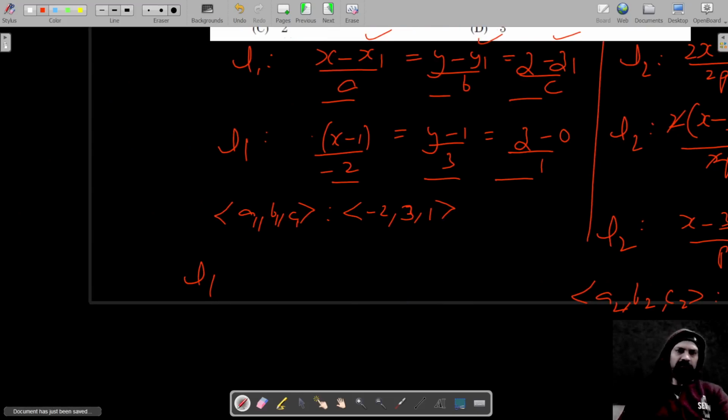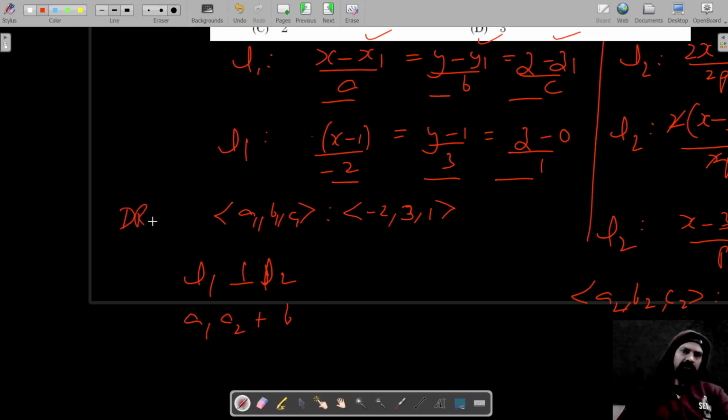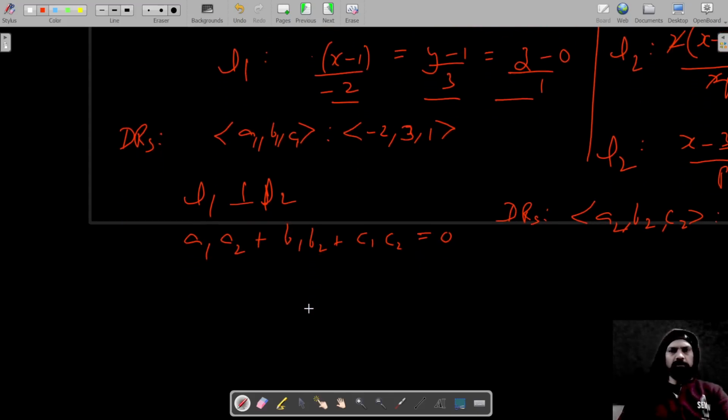And since the line L1 is perpendicular to L2, the sum of the product of the direction ratios should be equal to 0.